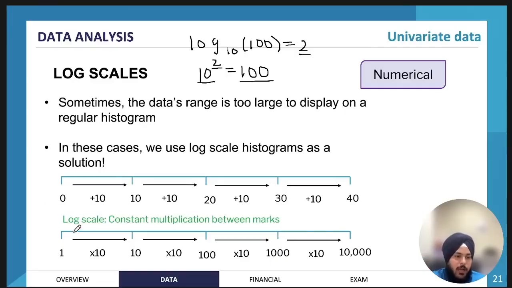From 1 to 10 is the same as 10 to 100, which is just not accurate. So instead, what we'll do is use a log scale. So this might be 0, this might be 1, and this might be 10, for example. So we're using log scales in this case. And by using those log scales, we have made the data, or the way that we've represented the data, so much more accurate.